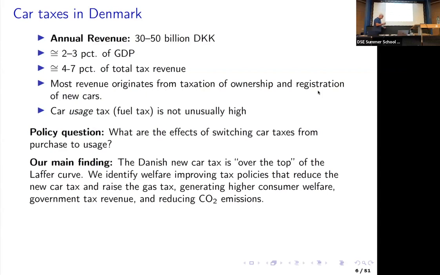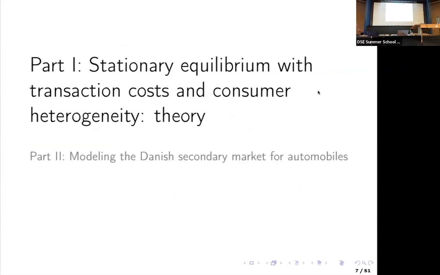Also, because if you want to achieve reductions in CO2, and you only think about CO2 emissions emitted from Denmark, we're not producing cars. Then how do you reduce that? Well, that's if people are using less gas, because cars are produced in Germany. Anyway, so we want to build a model that can answer this question.